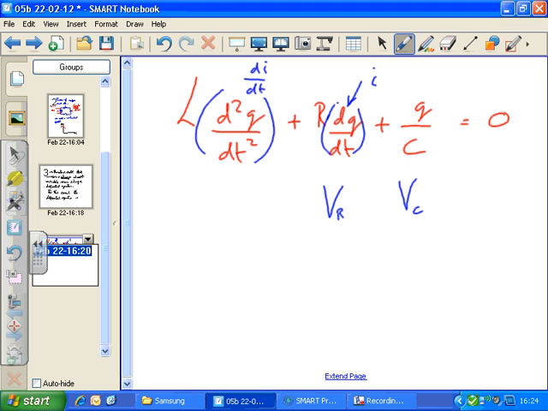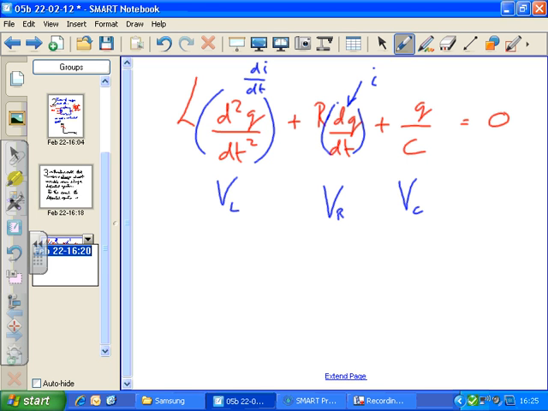So d2q by dt squared is the same as di by dt, effectively. And if you think about inductors, the back EMF that's induced equals the inductance multiplied by the rate of change of current. And so this is actually a way of expressing the voltage across the inductor.